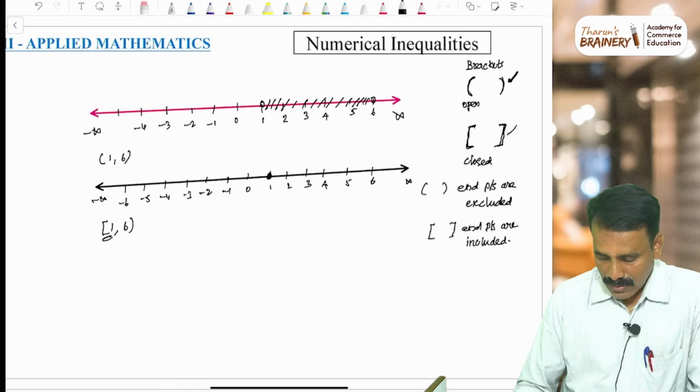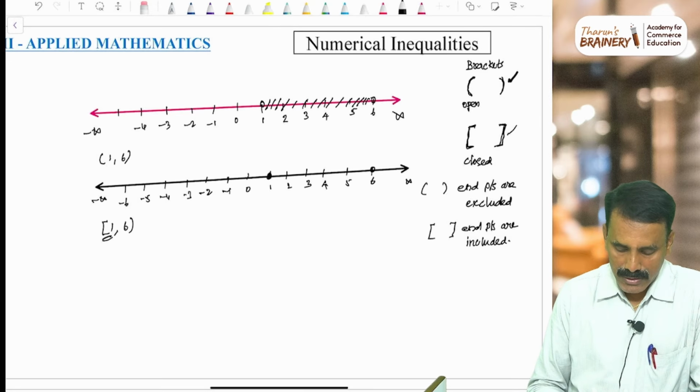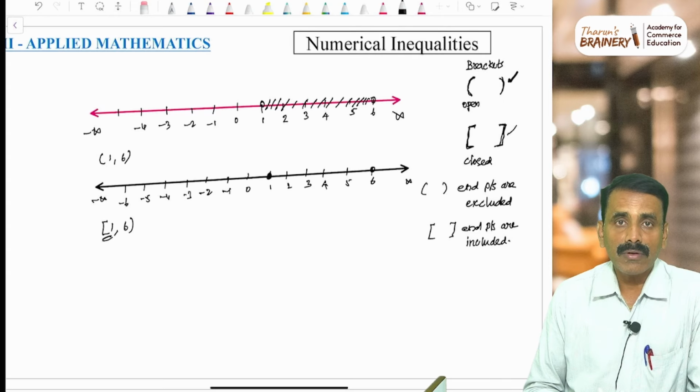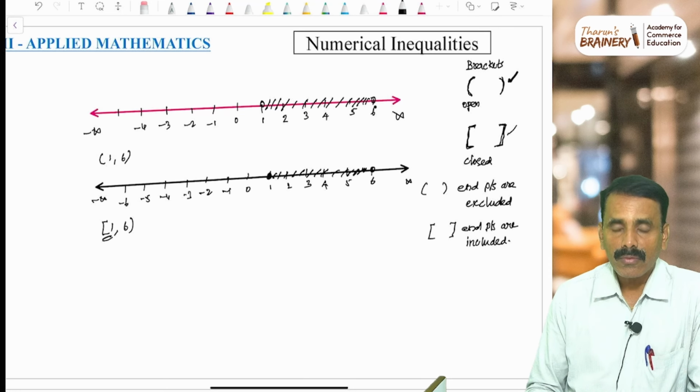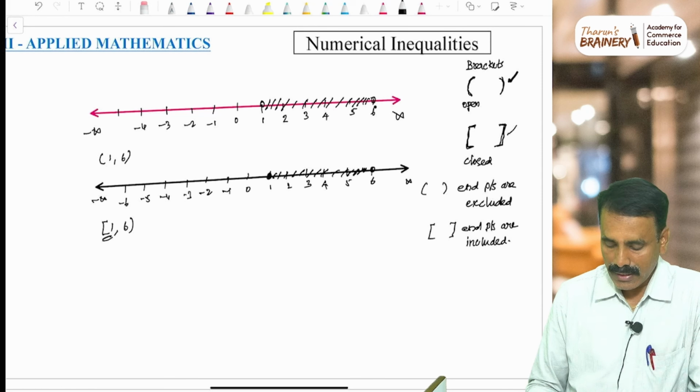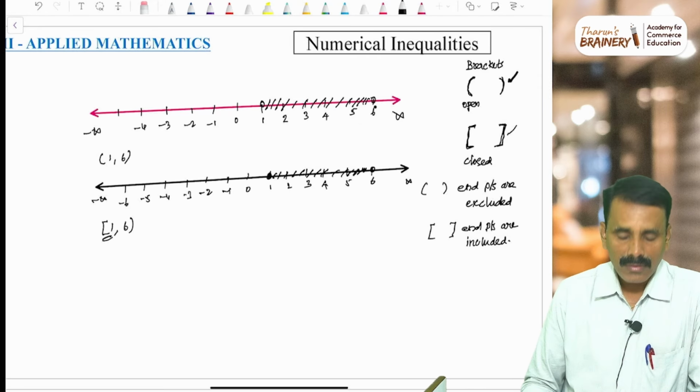So we draw an unshaded circle over there, and it is going to be the interval 1 comma 6. So all the points between 1 and 6 will be taken. Now in the first case, both the endpoints are excluded. Here left endpoint included, right endpoint not included.